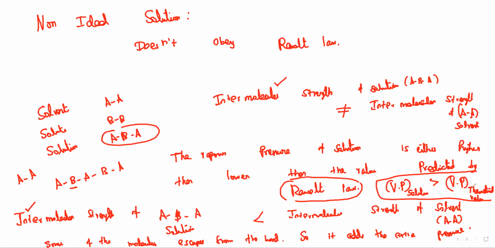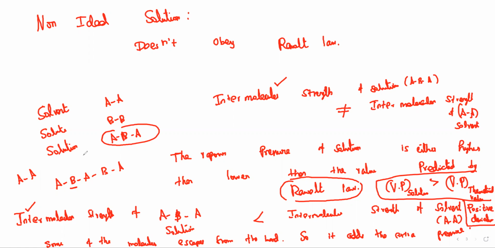Why is it greater? Because some molecules, maybe solute or solvent, escaped from the bond. Why did they escape? Because the original intermolecular strength is reduced. So this deviation is called the positive deviation. The original value is positively deviated from the theoretical value.